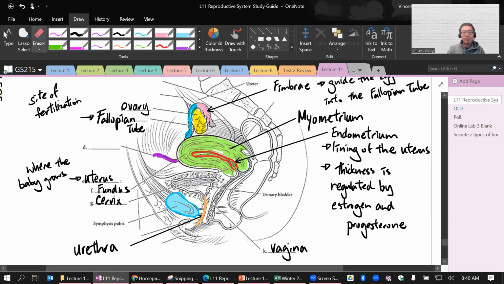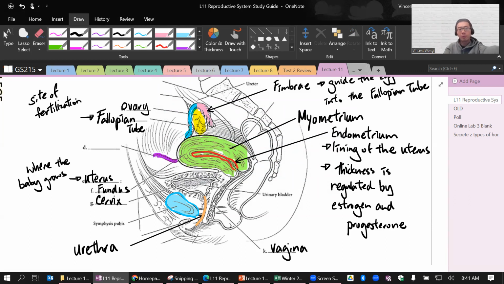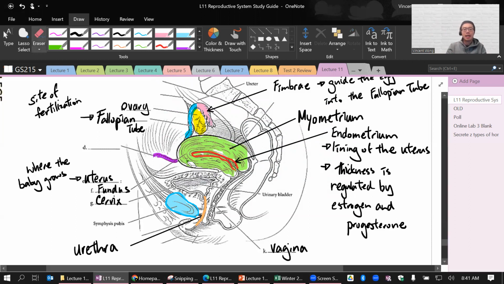So as the baby grows in the uterus, again, it gets bigger, obviously, right? But then it also gets heavier, okay? And so you've got to hold this uterus in place so it's not going to be descending. It's not going to be falling down, right? And pushing on other key organs.